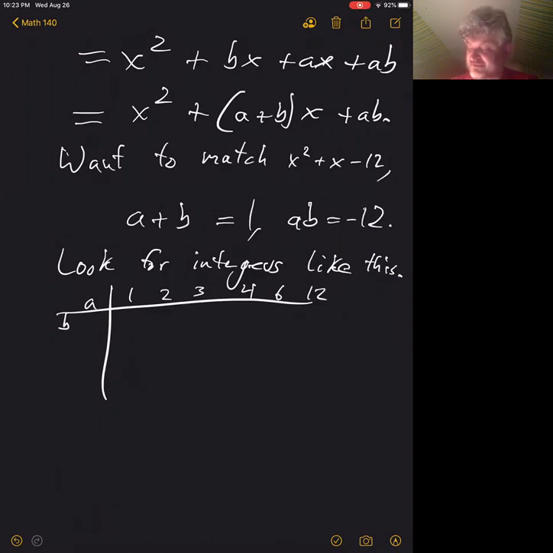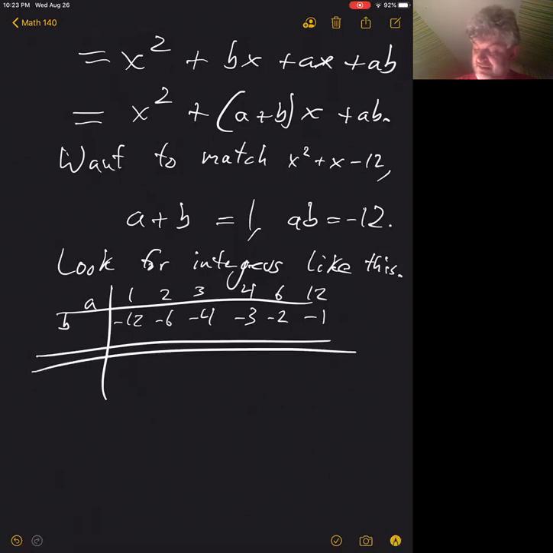So let's just go through the choices here. If a is 1, then b should be -12. If a is 2, then b is -6, and so on. See how this works? A couple more choices.